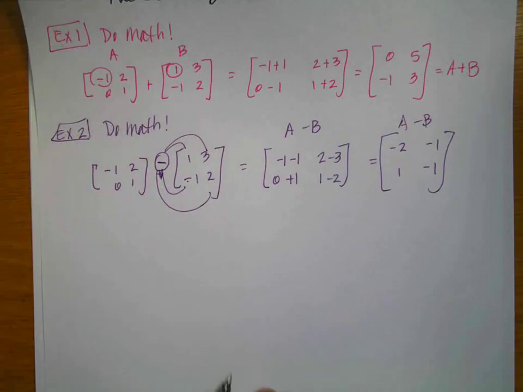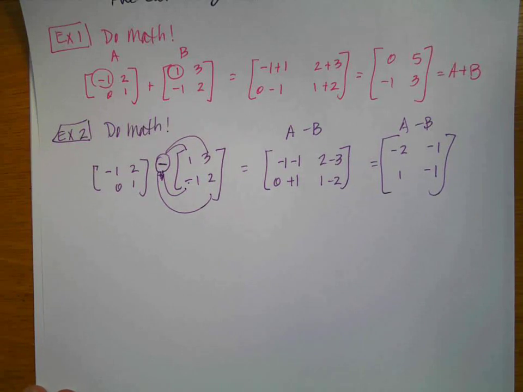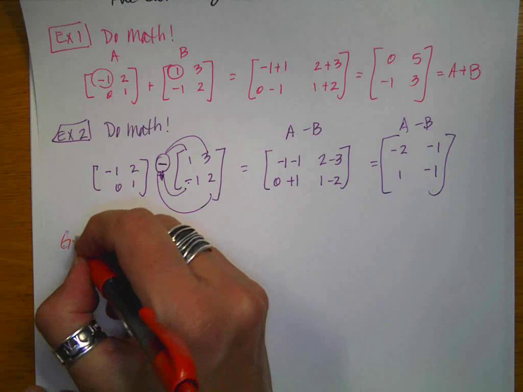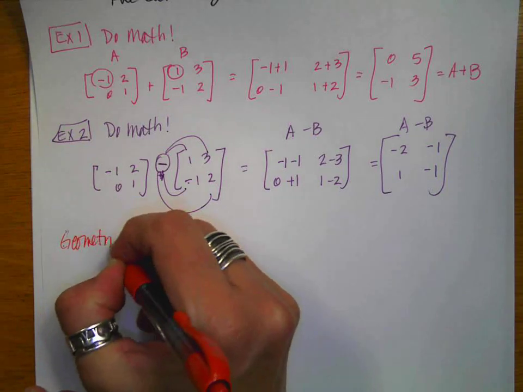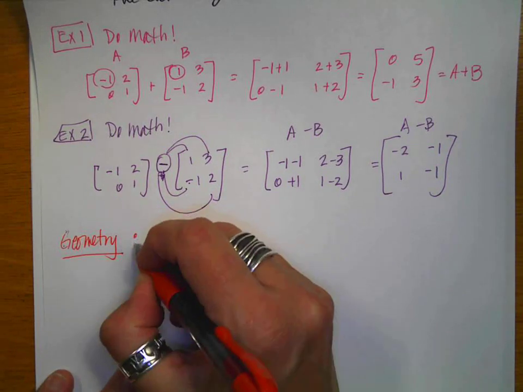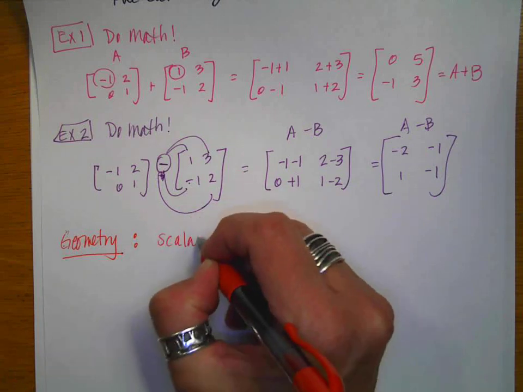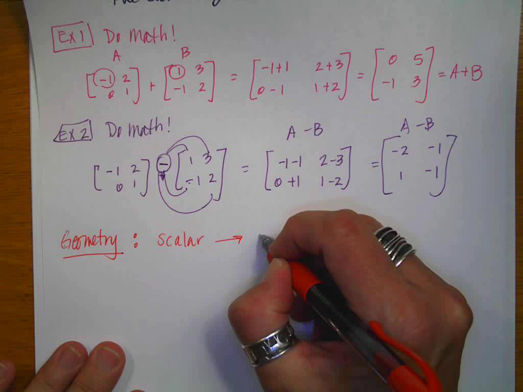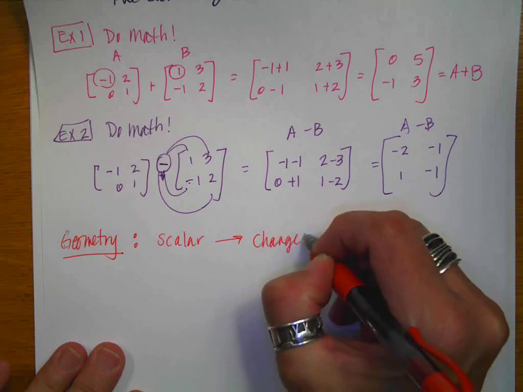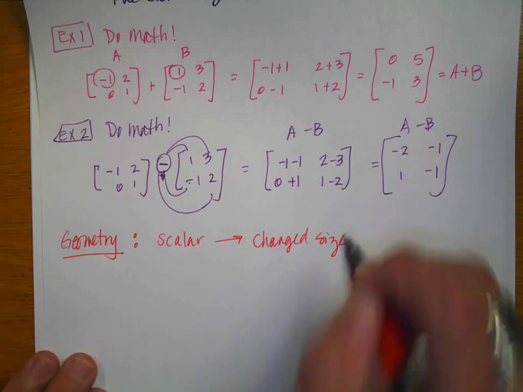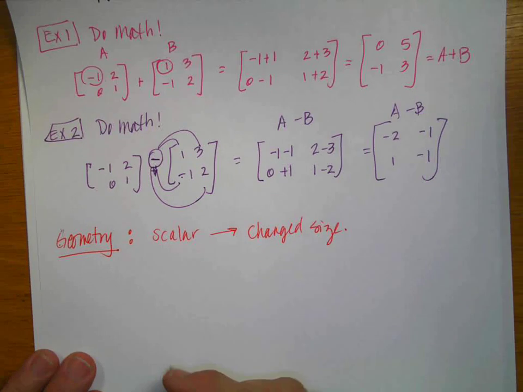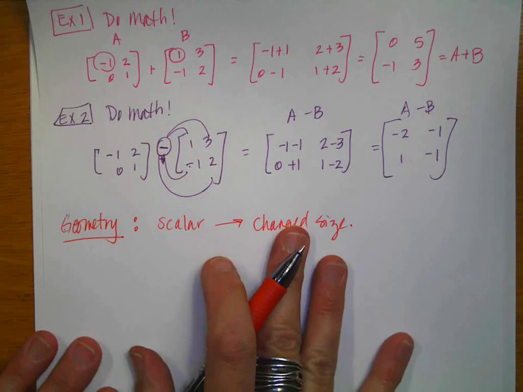The next topic that we want to talk about are scalars, and if you will remember from geometry, going back into the deep, dark recesses of your math brains, remember that a scalar was how something changed size. So I can either get something bigger or I can make something smaller.